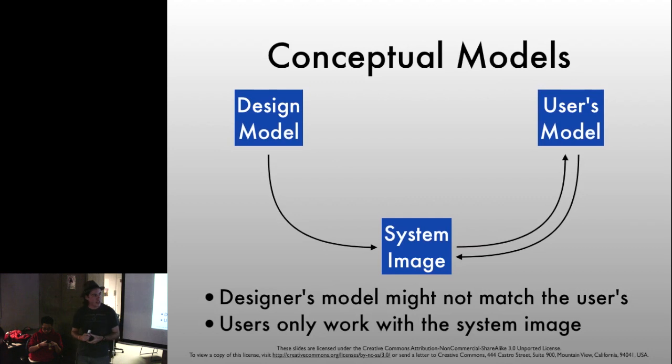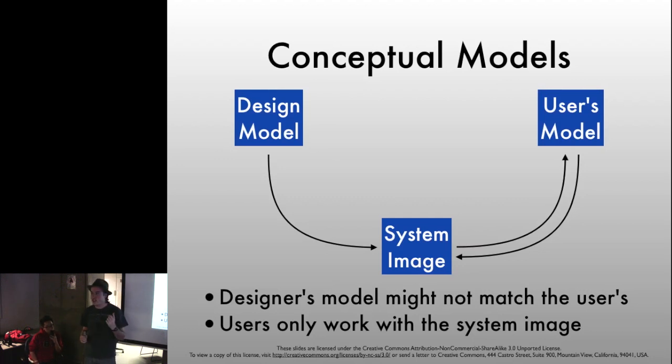So this is a diagram that I lifted from the Norman book, where on the left-hand side we have the designer, on the right-hand side we have the user, and in the middle we have what he calls the system image. The idea of the system image is that's what the user sees of your system. In the case of an application, that's its user interface. We certainly can influence the system image because we can manipulate everything about the interface that we want.